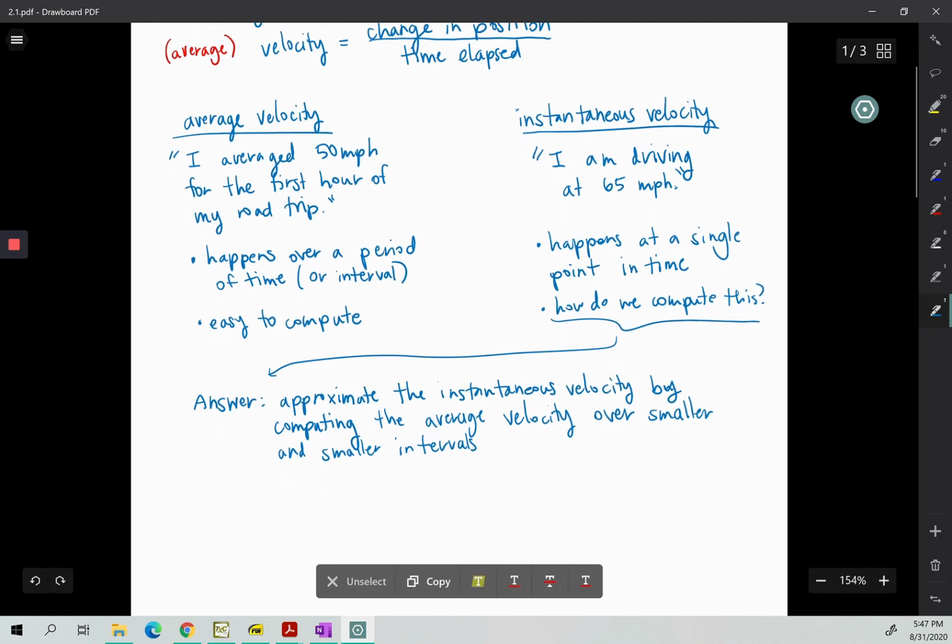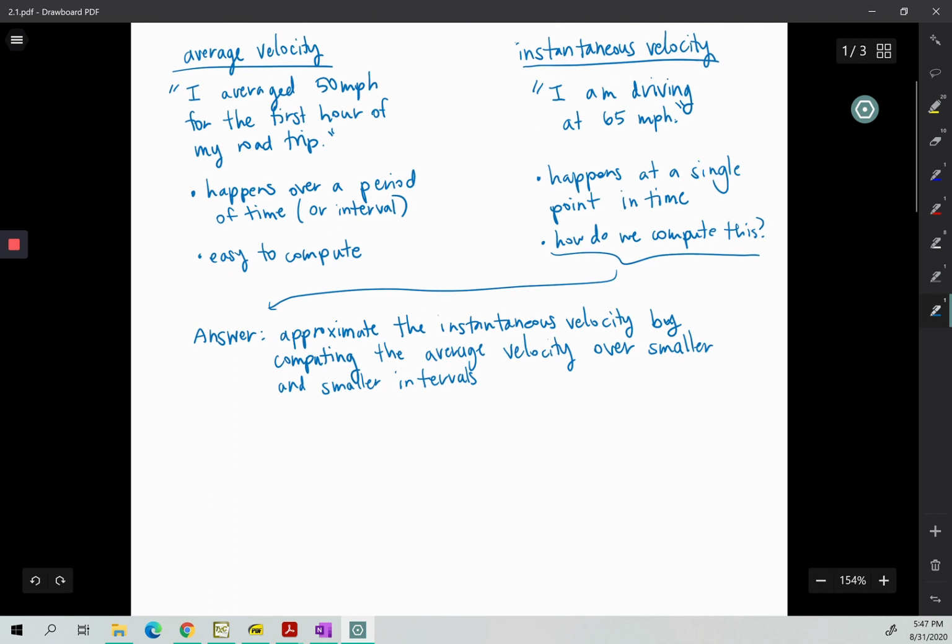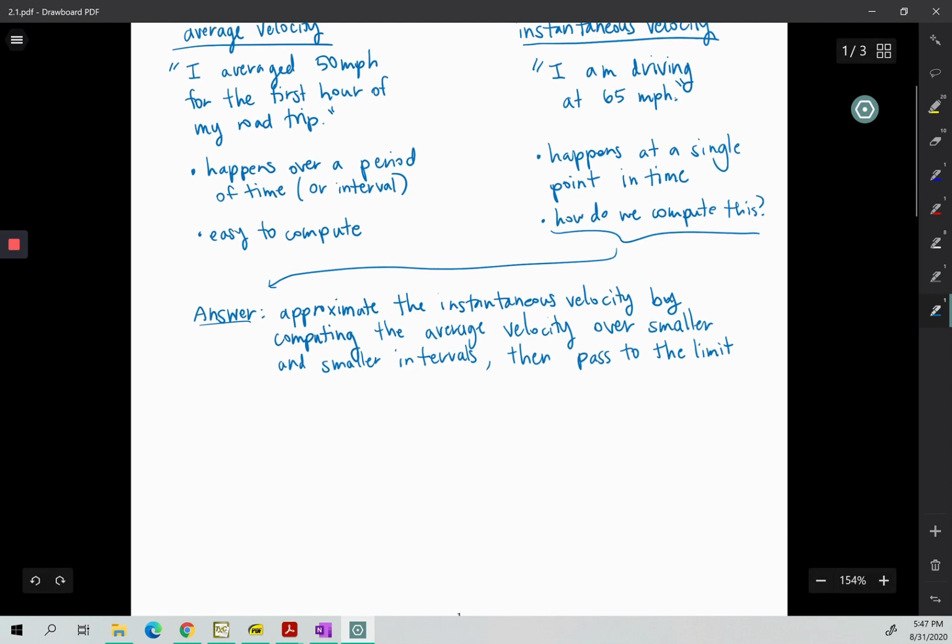so this is sort of the idea, but this really doesn't get you all the way there to the exact answer of the instantaneous velocity. And so what we will do is then pass to the limit. And if you don't understand exactly what this means right now, it should become clear over the next few sections. Okay, and really this is the main idea of calculus.